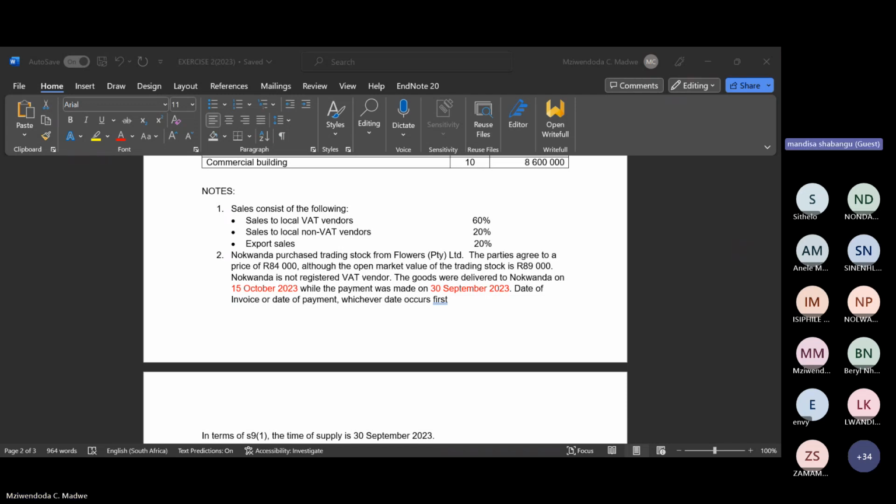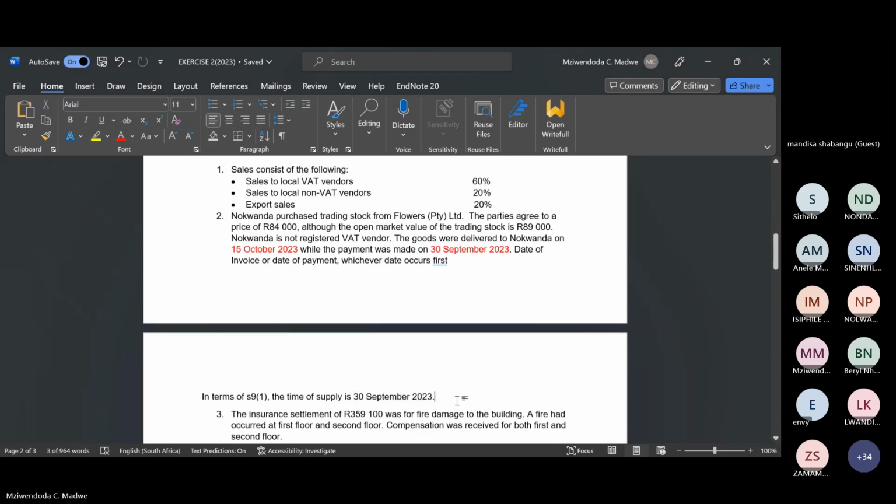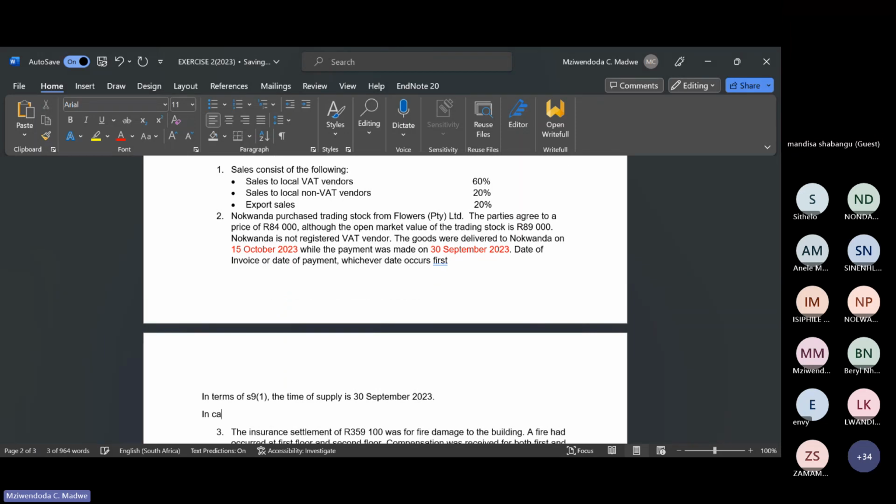That is what you have to apply here. What I am saying here is that in our case, section 9, subsection 1, the date is 30 September. However, section 9, subsection 2, the date is 15 October.